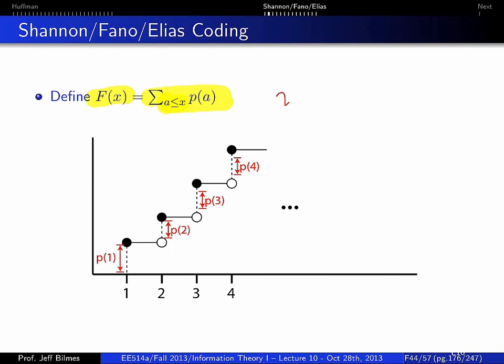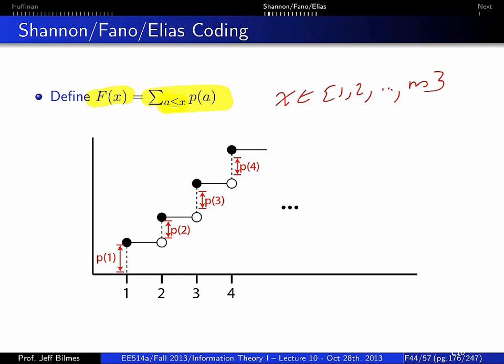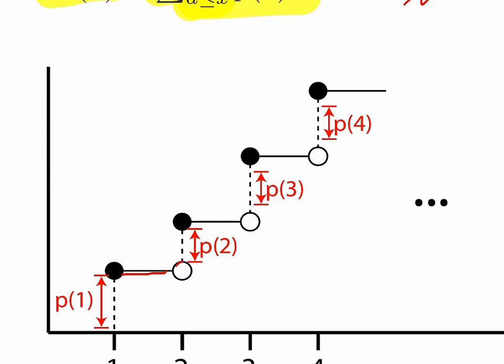This is for x in the set 1, 2 through n. Basically, we talk about this stuff. It's obvious, right?